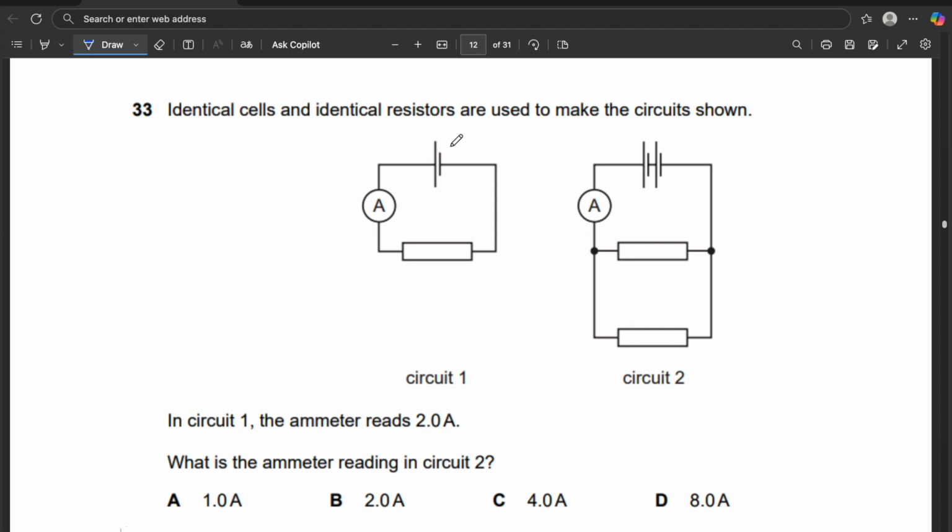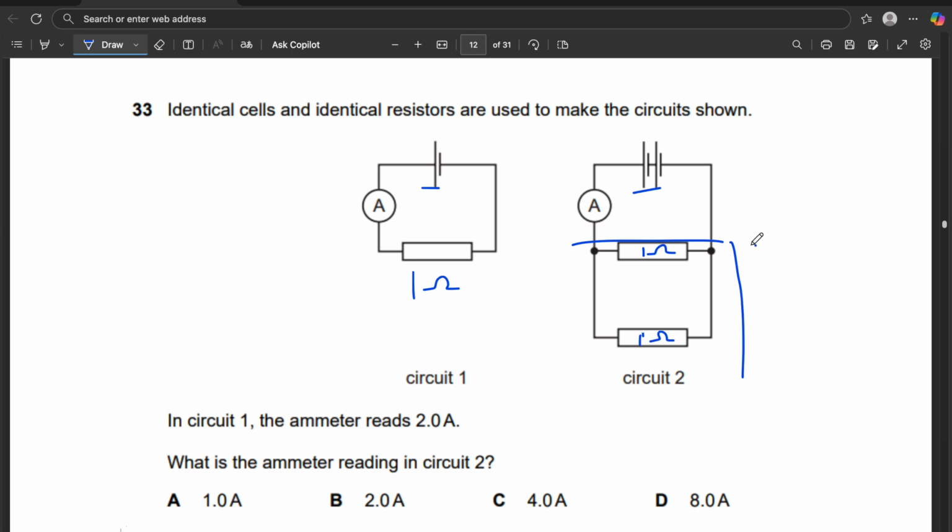Now you see that the number of cells also increases, and because this is connected in parallel, the resistance will be decreased. So let's just say this has 1 ohm, right? And this has the identical resistors, right? So this will have 1 ohm, 1 ohm. If you connect these two identical resistors in parallel, you will get this whole thing.